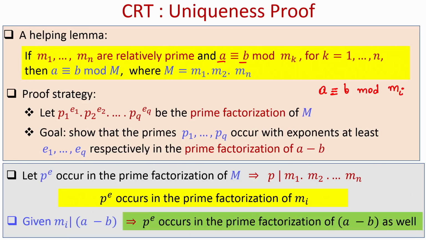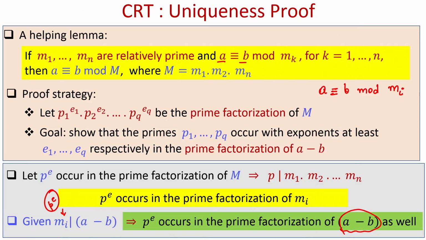Okay. That means if mi divides A minus B, then p power e also occurs in the prime power factorization of A minus B as well, and that is what precisely I wanted to show.